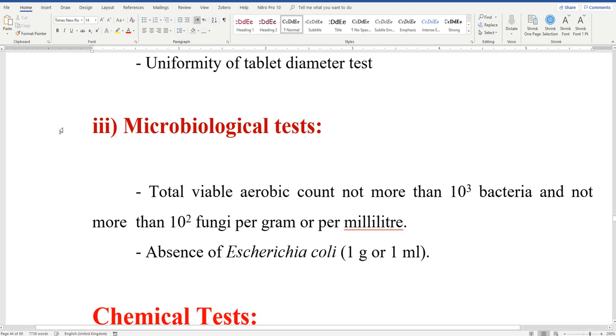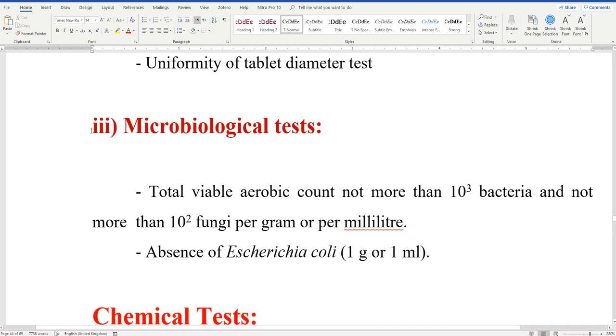I will talk about microbiological now because I will just go through it very quickly, and then I will talk in more detail about chemical tests and physical tests.